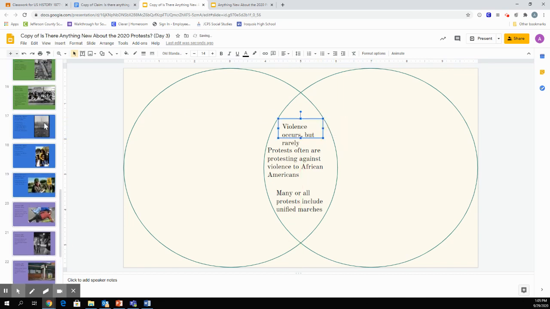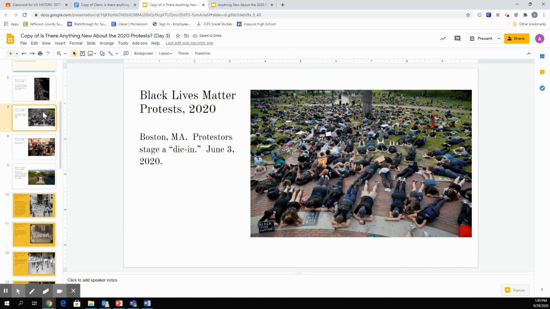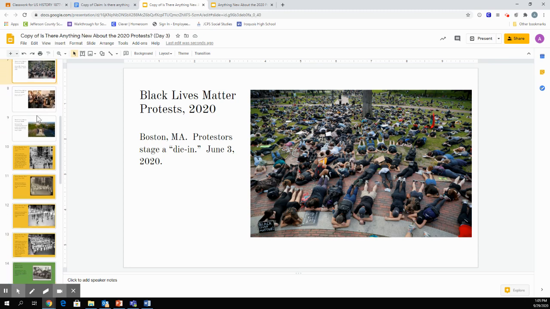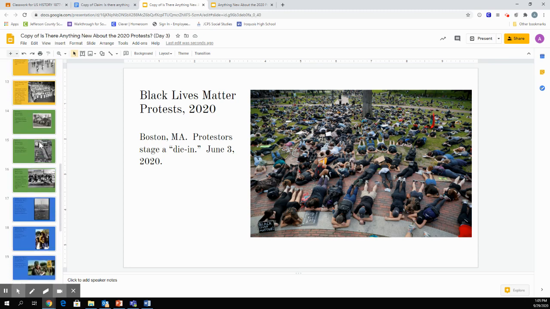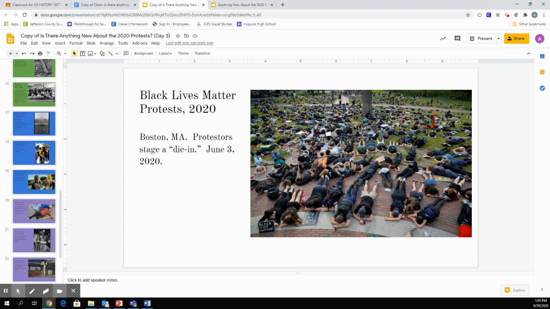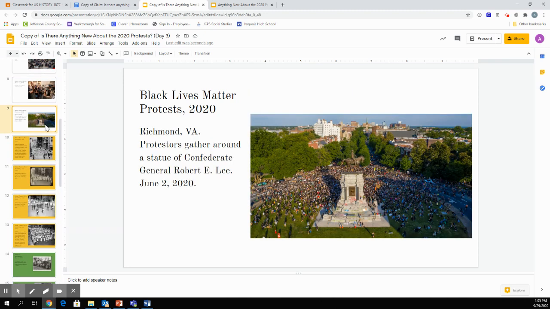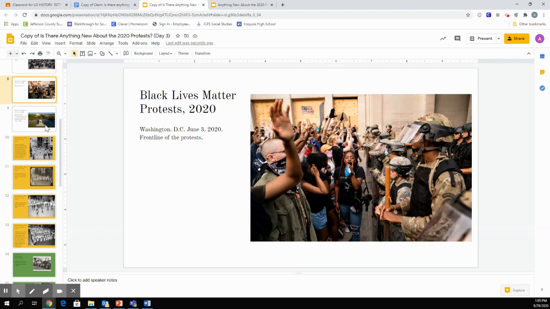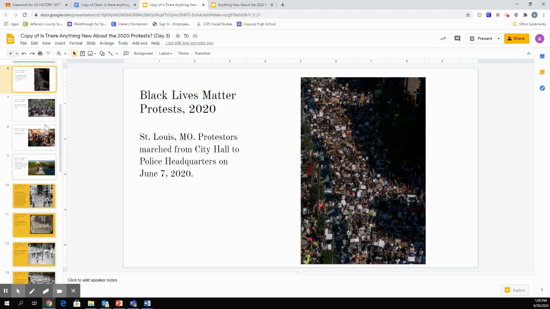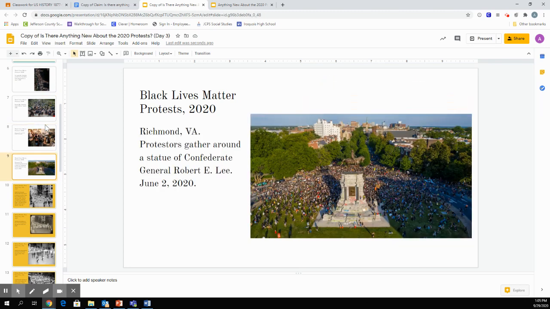And then differences. I mean, look at the 2020 protests. One thing about the 2020 protests is, look, Virginia, Washington, D.C., Massachusetts, St. Louis, all over the world.